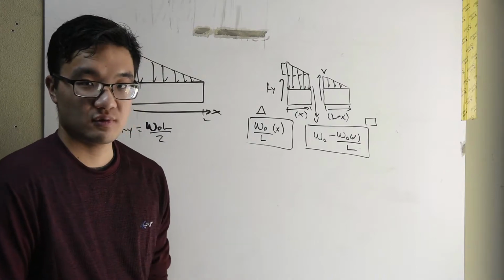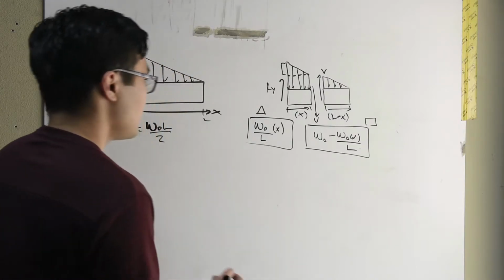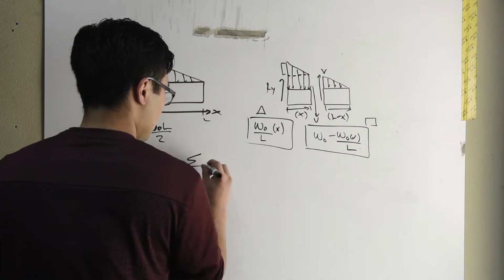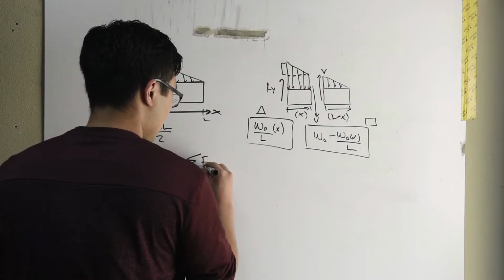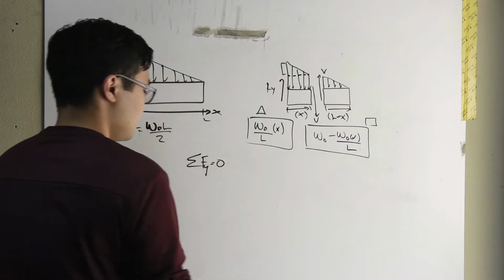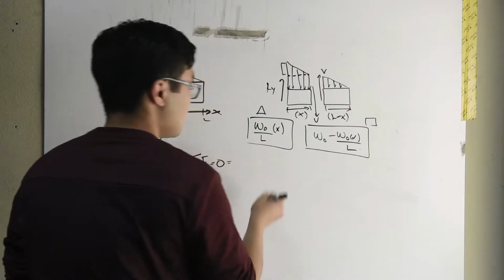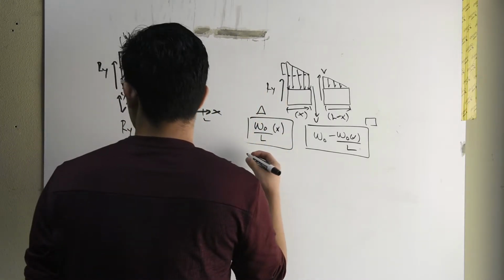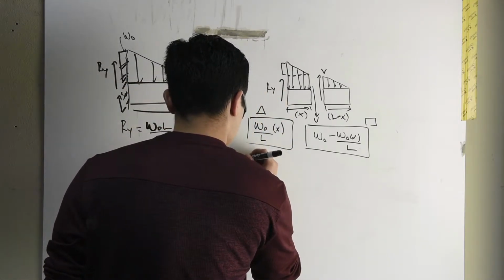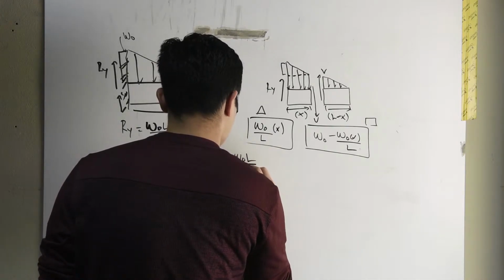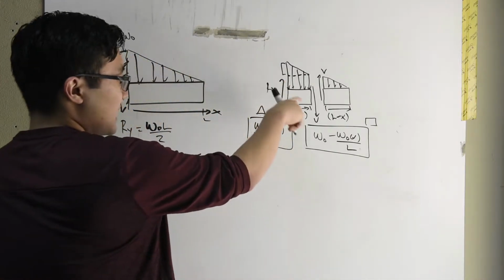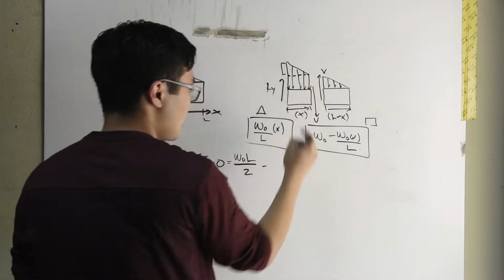And now what we do is we do our force sum. So if we're moving left to right, the sum of the forces in y equals 0 equals Ry positive, minus the triangle.